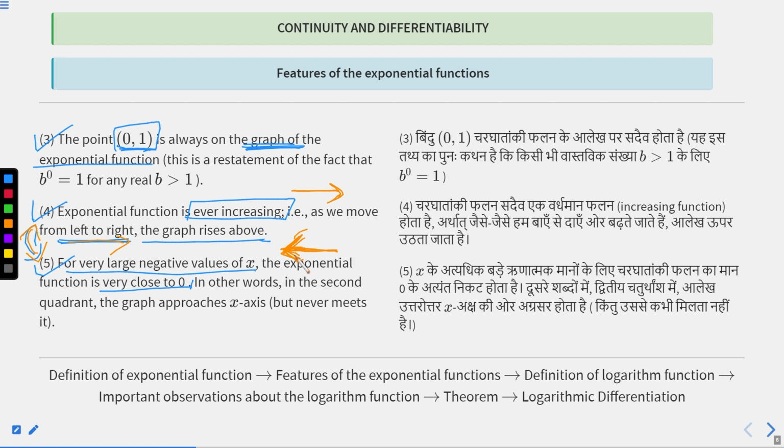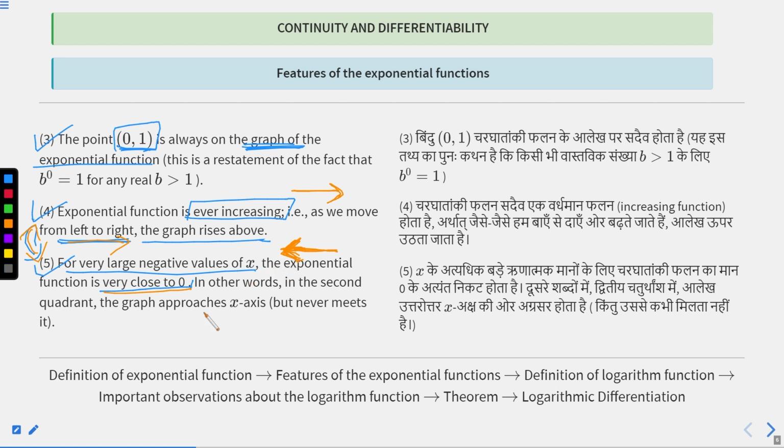That's what is written: very close to 0. The function being very close to 0 means that the graph will be almost touching the x-axis as you go towards minus infinity. This only happens as you go towards minus infinity.